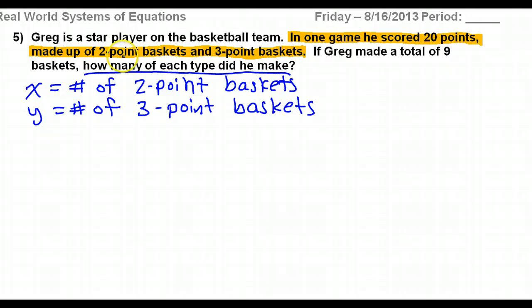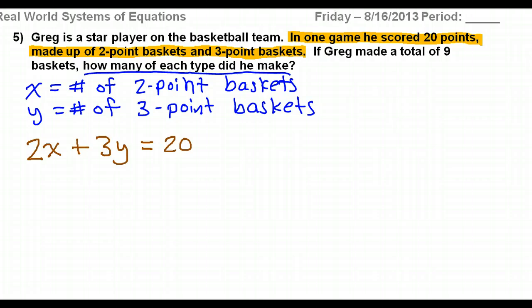There's 2 points for every 2-point basket, which we're using x to represent how many of those there were, plus he's going to get 3 points for every 3-point basket, and we're using y for that. So 2 points for every one of these, 3 points for every one of those is going to equal a total of 20 points. Okay, so there's our first equation.